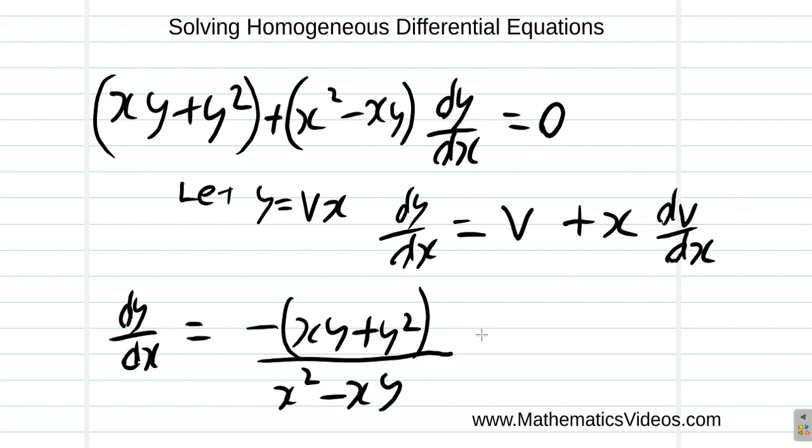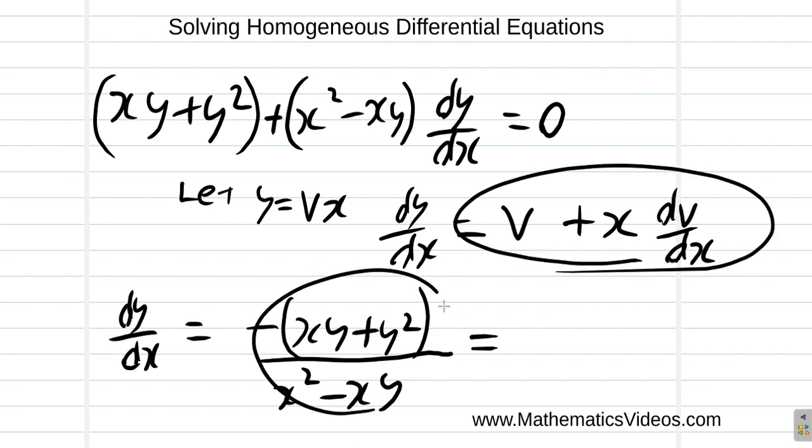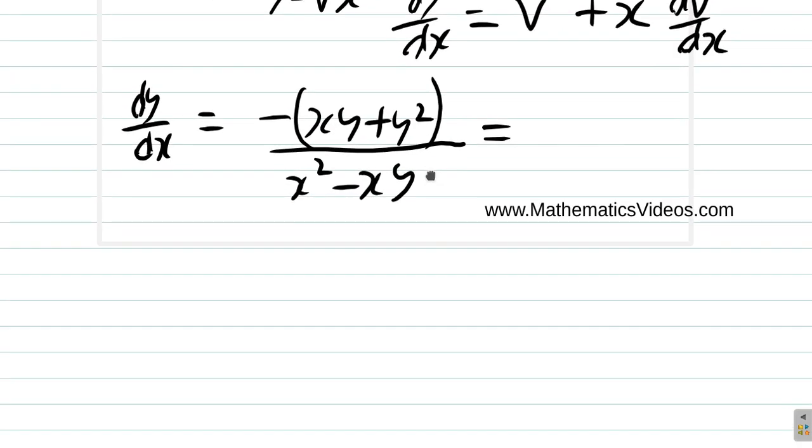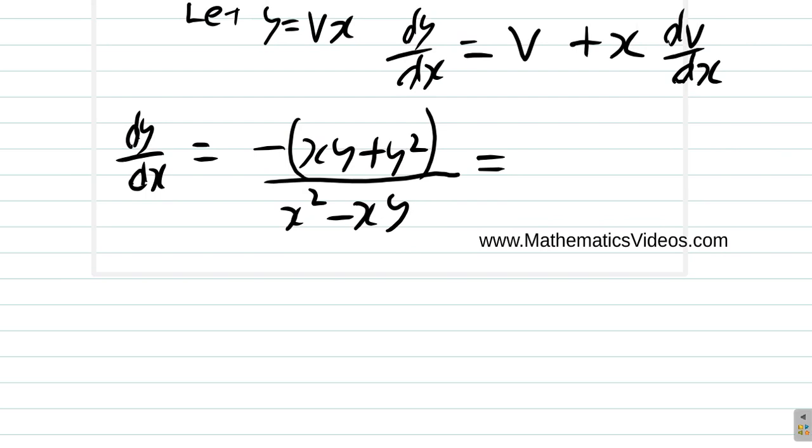But hold on, let's see something. First, remember, y is vx, so change the y's to vx. But before you do that, equate them. Let's write this one on the left and this one on the right, because you see dy by dx is same as dy by dx. And then we change the y to vx.